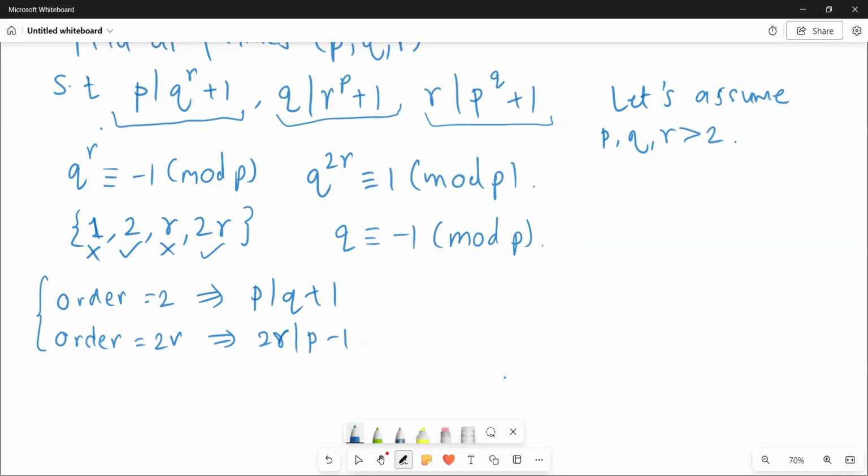Order is 2r. Yeah, we can work with that. Order is 2r. Okay, case 1. Order is 2r. So that means 2r divides p minus 1.